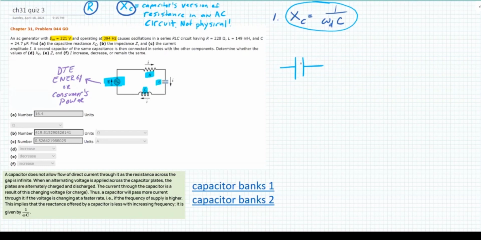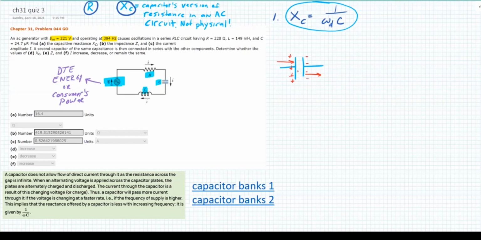What you do have is charges flowing onto the positive plate and off of the negative plate. The reason a capacitor has a certain amount of resistance in an alternating current is that it takes time for charges to build up here, and it takes time for charges to disappear from here. So that takes time.